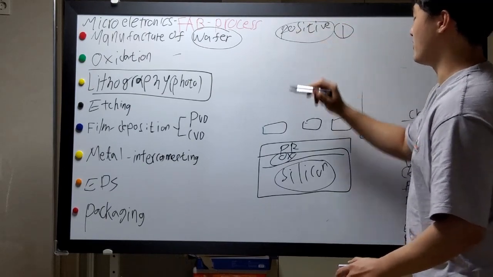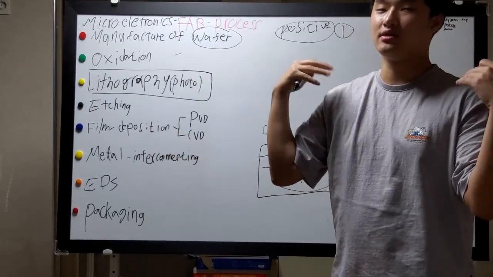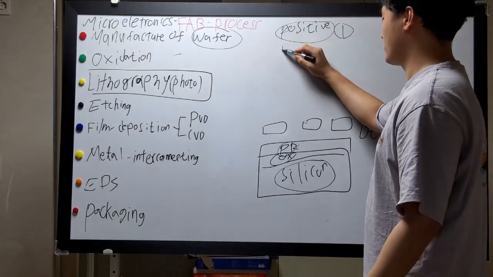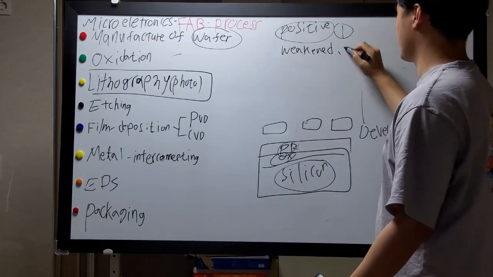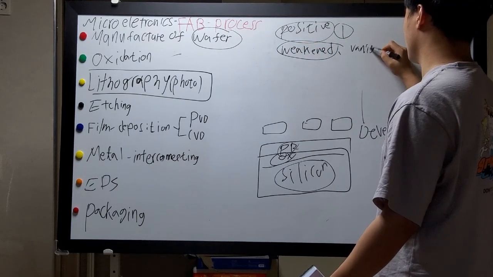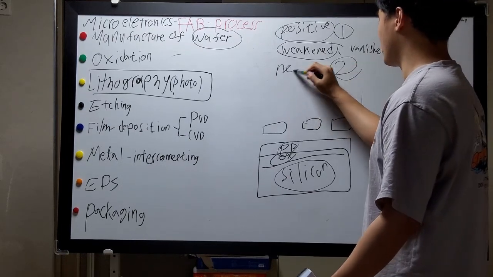In the positive way, when the photoresist contacts light, the exposed material will be weakened and will vanish. And secondary, the negative way.